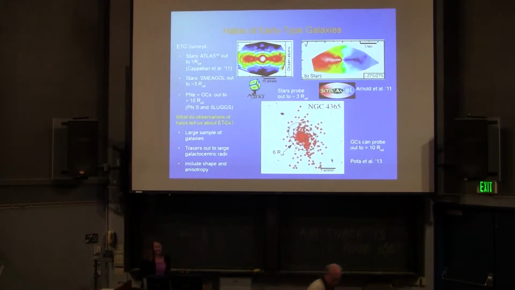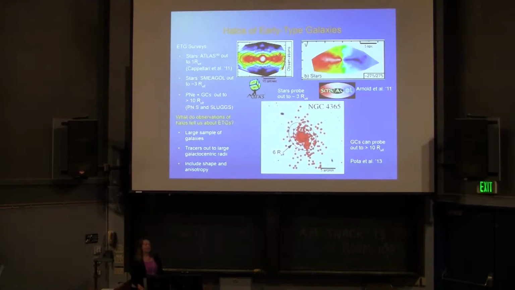So in order to learn about the halos of these galaxies, we don't want to learn about just one galaxy in particular. We obviously want to use an entire sample. So we want a large number of elliptical galaxies, early type galaxies, that span a range of parameters, a range of luminosity but also a range of environment.